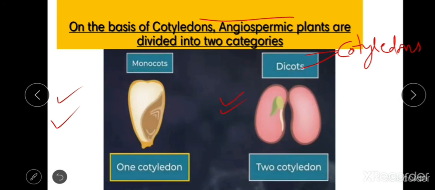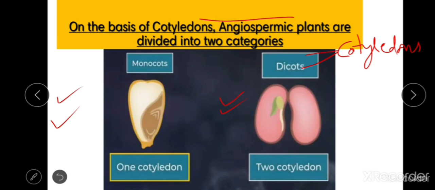Moving to the next slide. Students, as I said, angiosperm is a very diverse group. So scientists have classified it again to make its study better and easier. Angiosperms are divided into monocots and dicots.